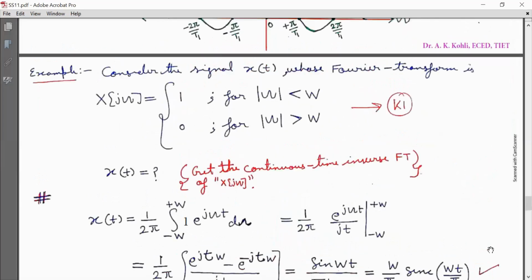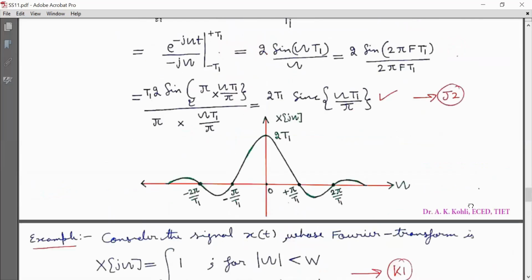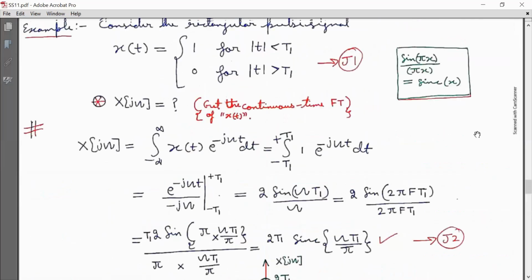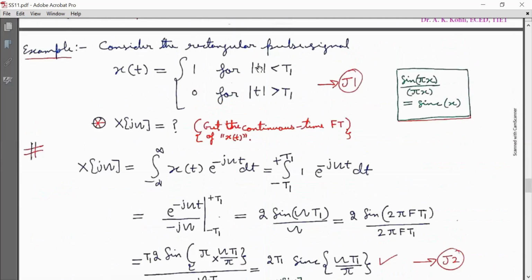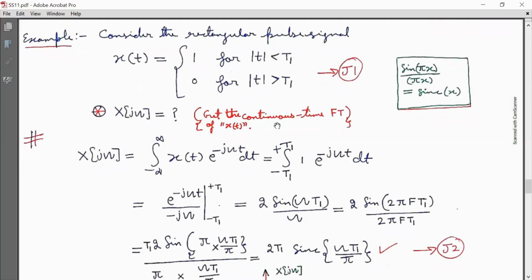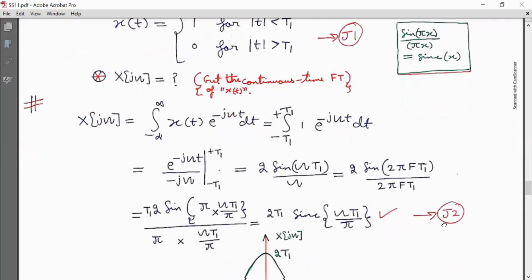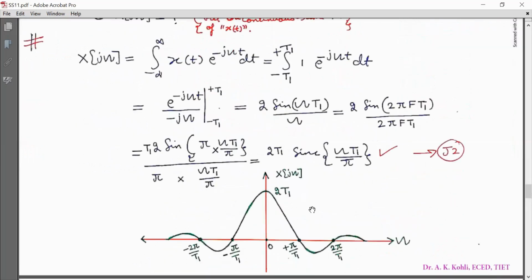Another important observation is that in the earlier example we considered a rectangular pulse in time domain, and when I calculated its continuous time Fourier transform, it was a sinc function in frequency domain.